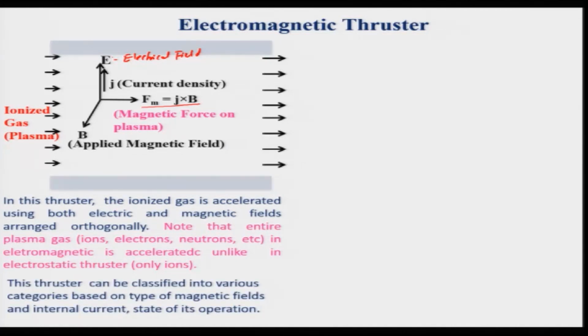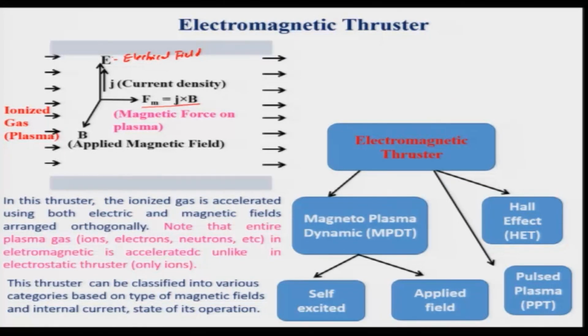The thruster can be classified into various categories based on the type of magnetic fields, internal current and state of operation. Let us now classify electromagnetic thrusters broadly into two categories. One is steady, and the other is unsteady or pulse mode.